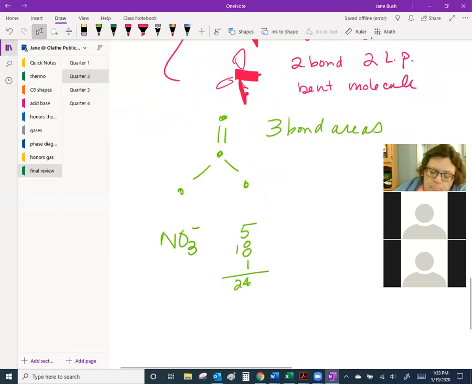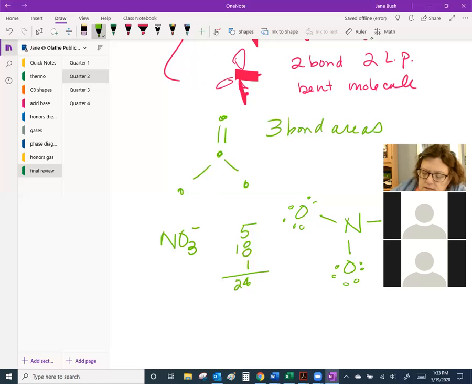Okay. Nitrogen's going in the middle. There's 1 oxygen, there's 2 oxygens, there's 3 oxygens. Then we place the 24 electrons around. Does everybody have 8 electrons? No. So you have to do a double bond somewhere.